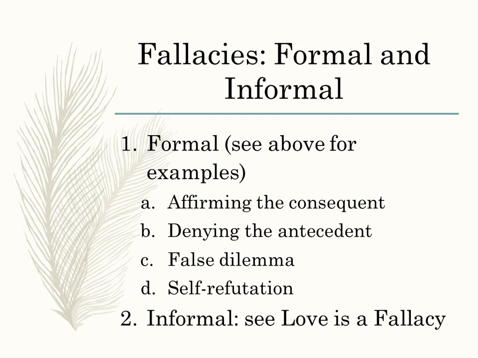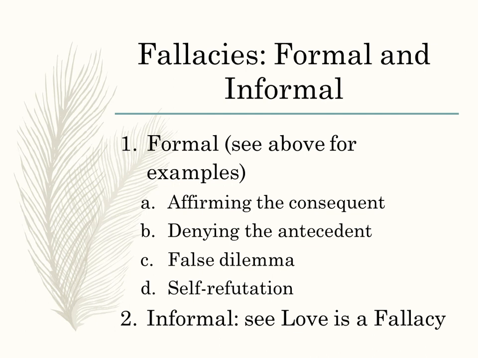Okay, real quick, and then we'll stop. Now that we know argument structure, you know a little bit more about fallacies. You already read Love Is a Fallacy. You've got two big categories of fallacies: formal and informal. The formal ones are the ones we just talked about. If you affirm the consequent or deny the antecedent, which is the opposite of what you're supposed to do, then you run into problems, like we saw with the grass and the other ways it could have been wet. If you flip-flop those, that's a formal fallacy because you're messing with the formal structure of an argument.